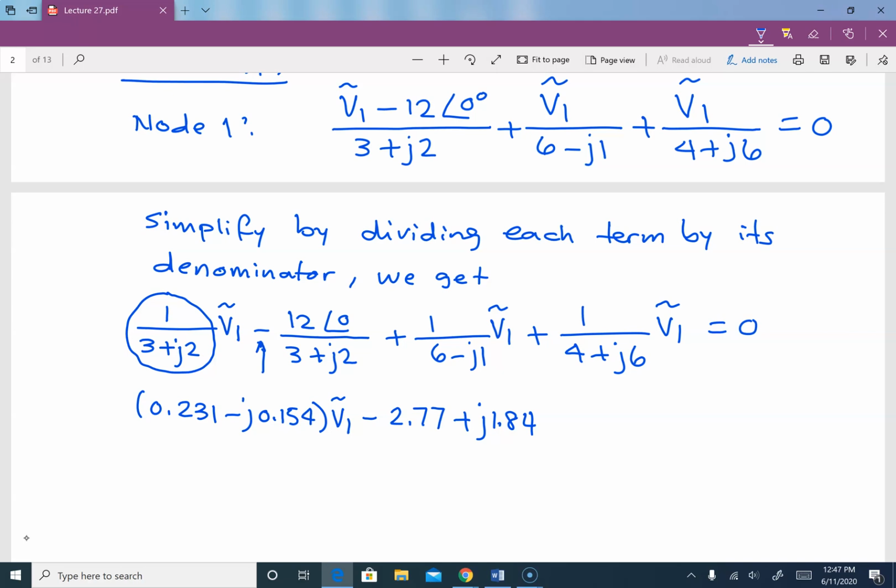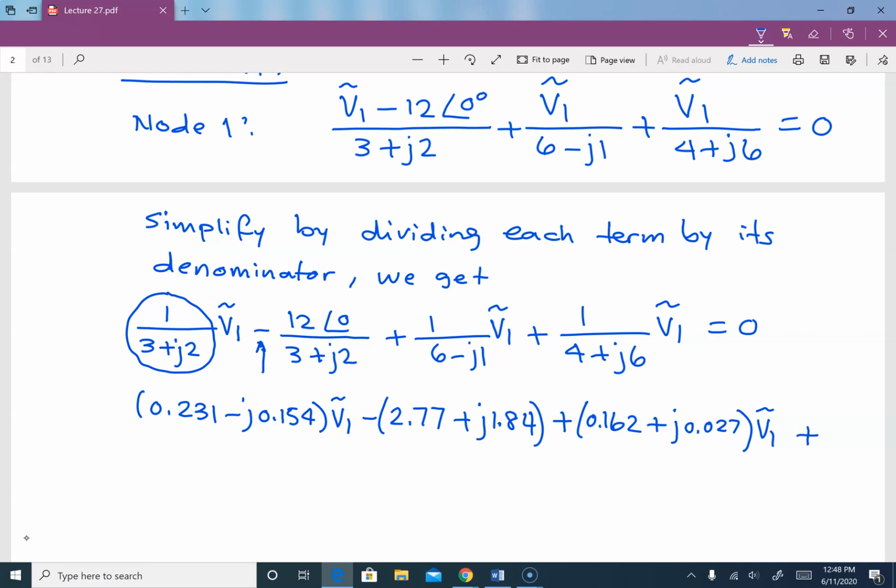Then, 1 over 6 minus J1 will come out to be 0.162 plus J0.027, times V1.